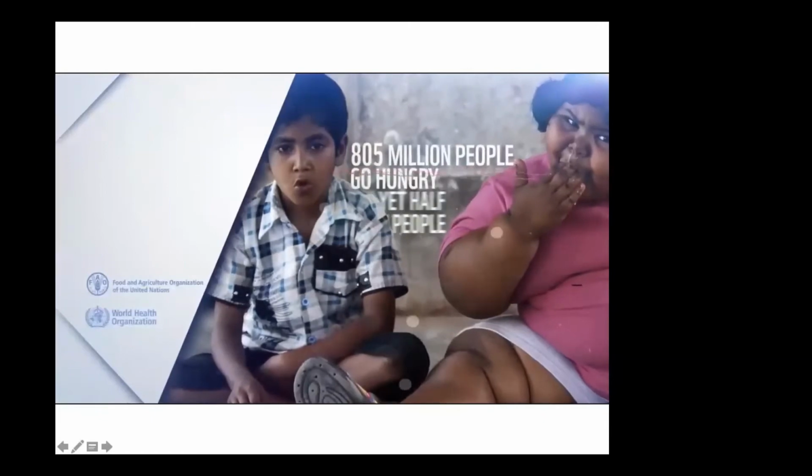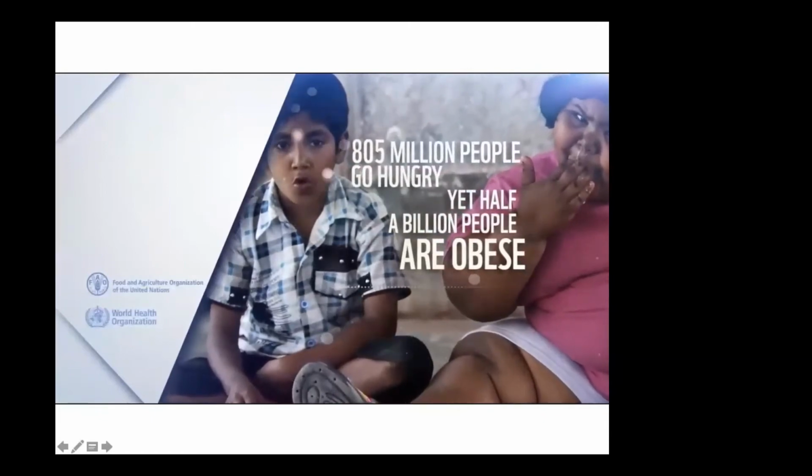And you then see obesity, overweight existing side by side with undernutrition. While undernutrition still kills almost 1.5 million women and children every year, growing rates of overweight and obesity worldwide are driving a rise in diseases like cancer, heart disease, stroke, and diabetes.